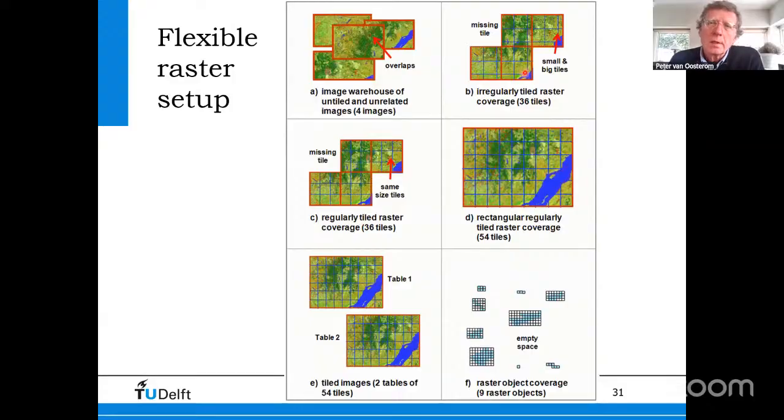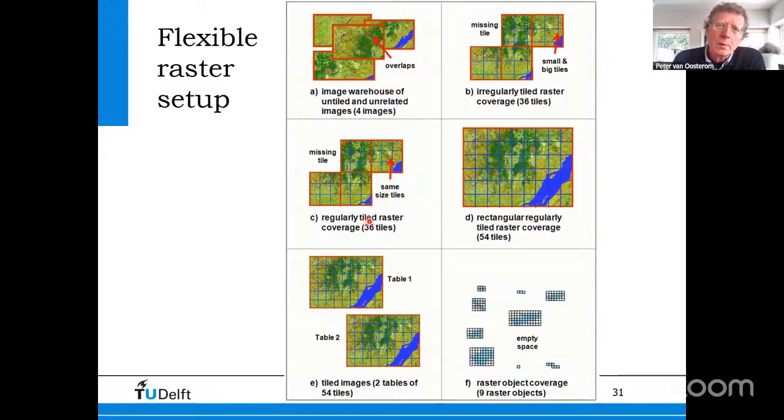Could also be images that are tiled. And in example B, it's even irregularly tiled because on the right-hand side and at the bottom of an image, you see smaller tiles. So there's a mix of tile sizes. So that's also what PostGIS can do.